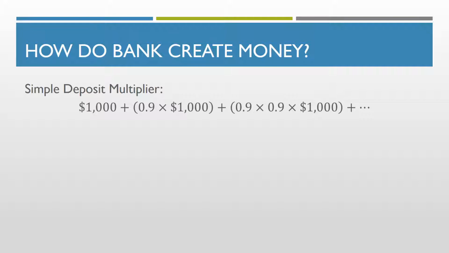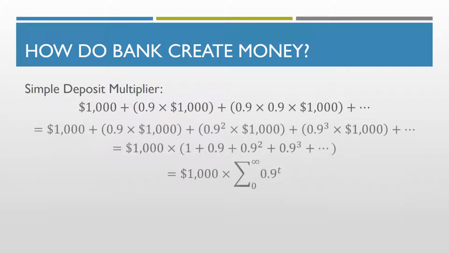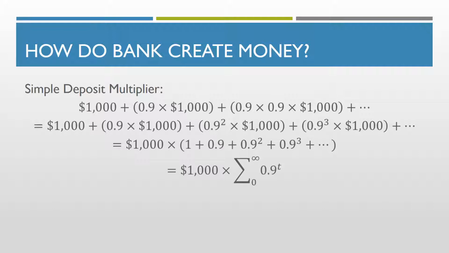And then the bank will keep loaning the money out by a fraction of it, and this will keep going until we get into this infinite sum. And we have studied this infinite sum before.